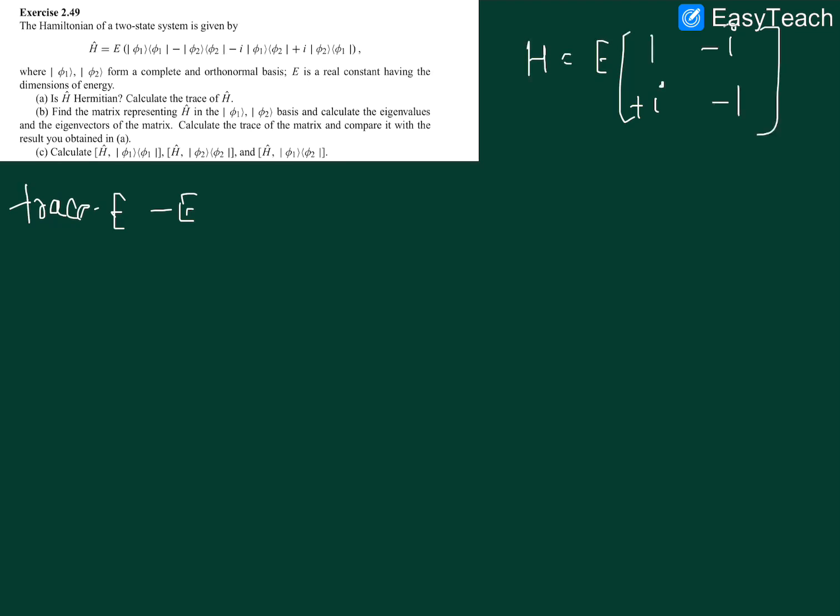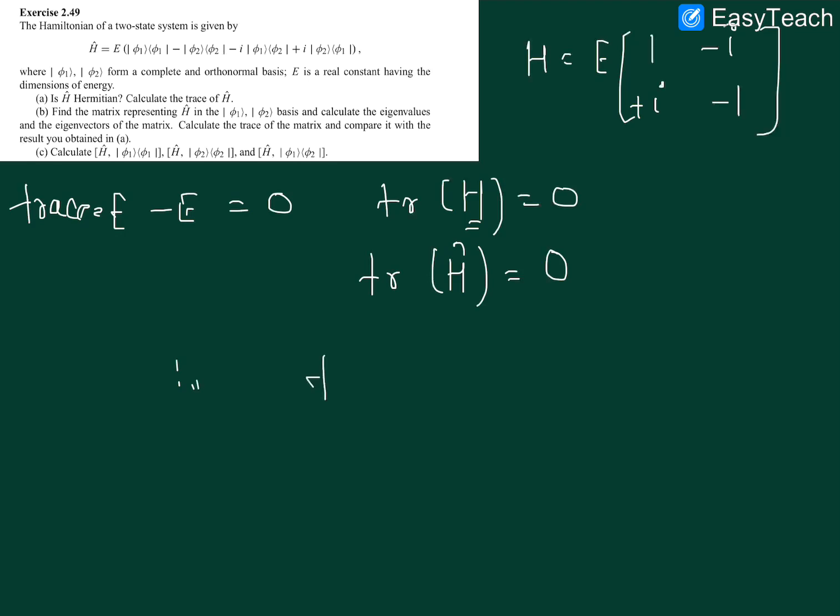So the trace is 0. The trace of the H matrix is 0, and the trace of the H operator is 0. So the trace of operator and matrix are the same. Let us conclude that the trace of H cap is equal to the trace of H matrix. I am just using a double dash under the H to represent that it's a matrix. It's not any general convention, but we can surely use that.